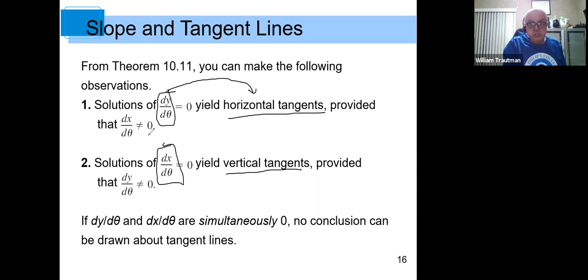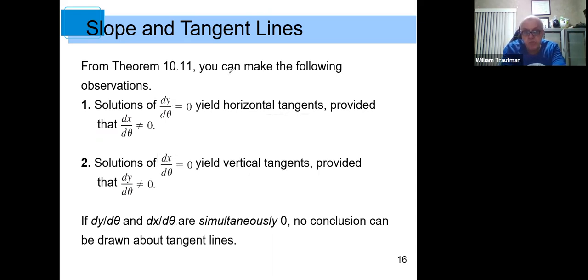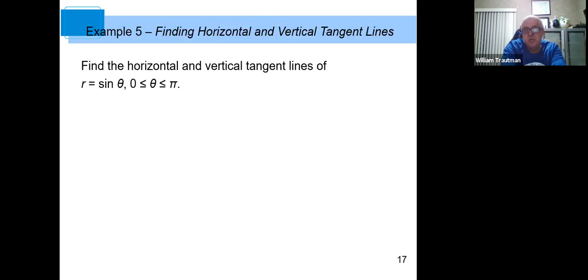And if you notice, you can't have dx d theta and dy d theta both equal to 0 at the same time. And it says no conclusion can be drawn about those tangent lines. How can you have a horizontal tangent line and a vertical tangent line? Oh, you actually can if you're looking at circular points on a circle.